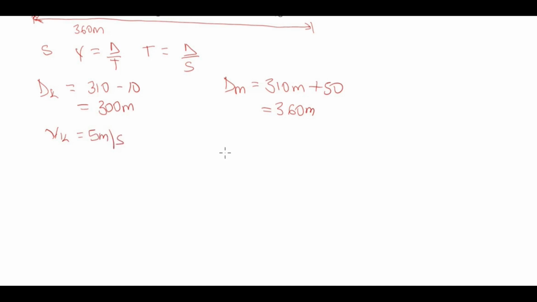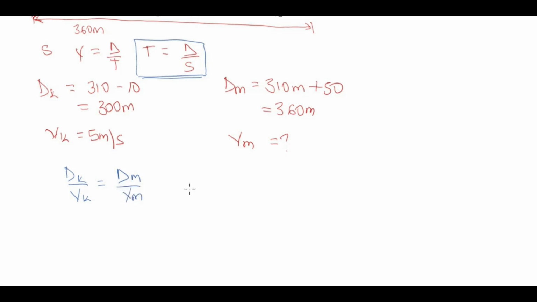We are told to find the average speed for Mutunga. So if we have stated time taken is equals to distance over speed, then distance for Kcse over speed for Kcse is the same as distance for Mutunga over speed for Mutunga.